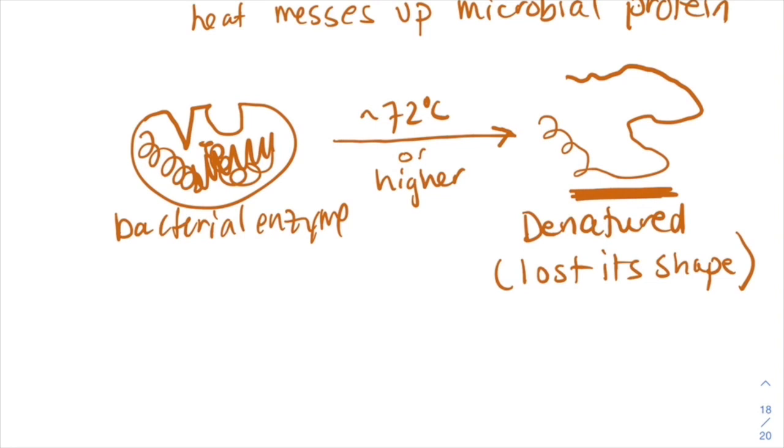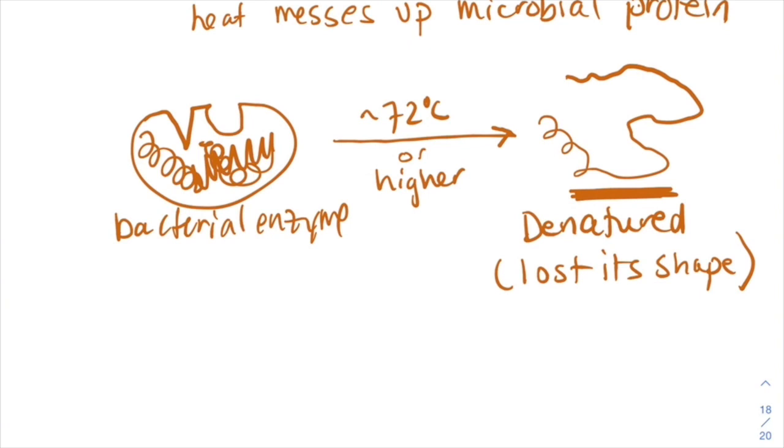We can denature bacterial proteins that are on our food by heating up our food, and the heat denatures bacterial proteins. If bacterial cells don't have functional proteins anymore, that cell is going to die, and that makes the food safe for us to eat.